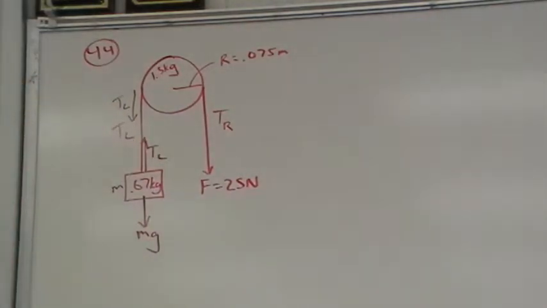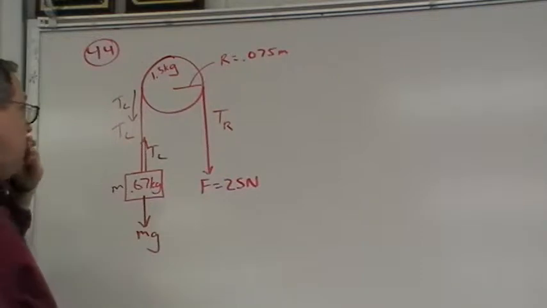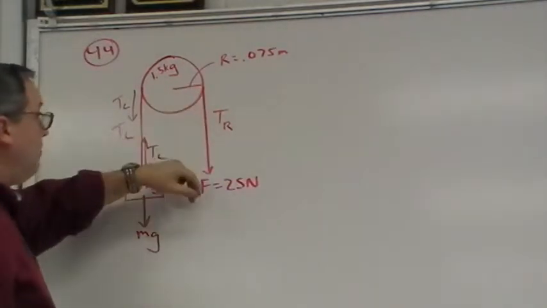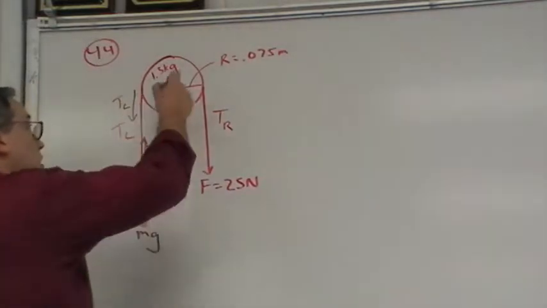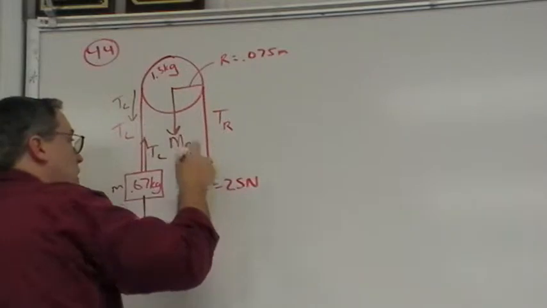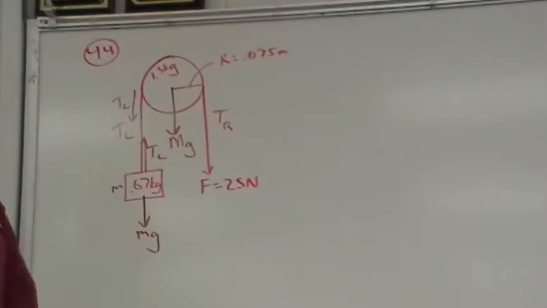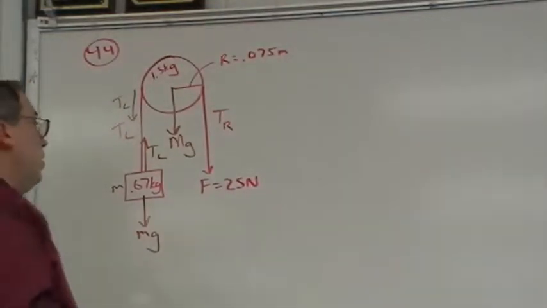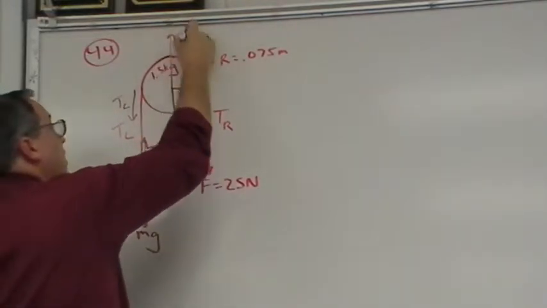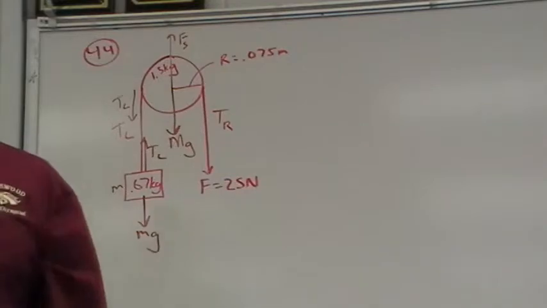Over here, we have the tension on the right pulling down. If you want to throw in some more forces, I'll use big M to represent the pulley. So you have its weight coming down and the force of support going up.